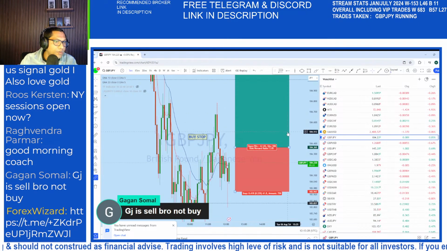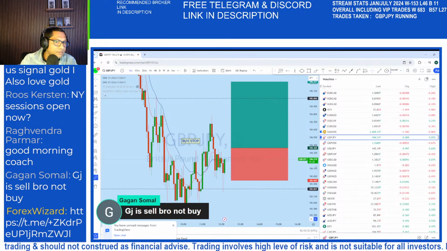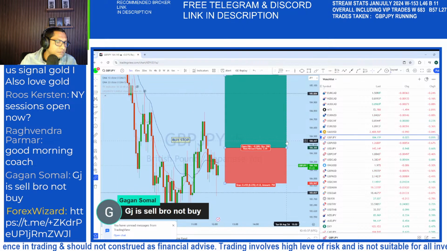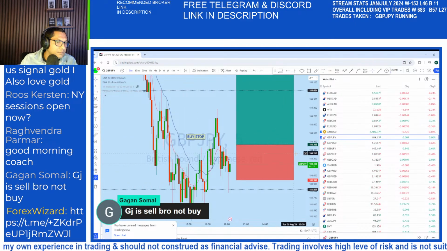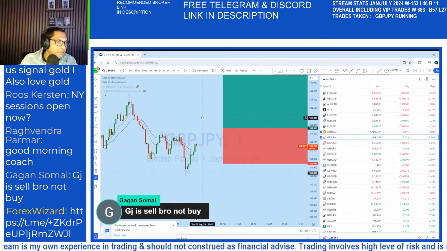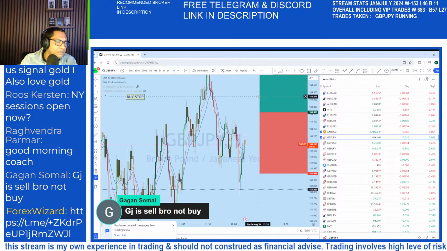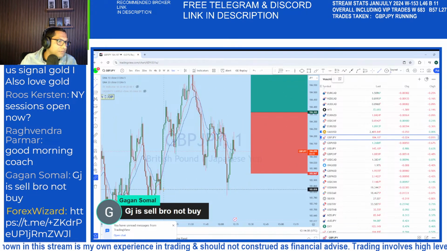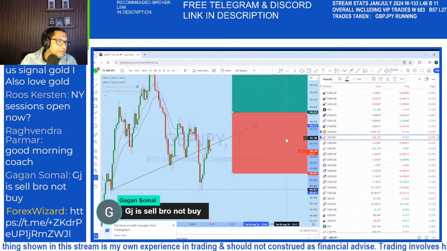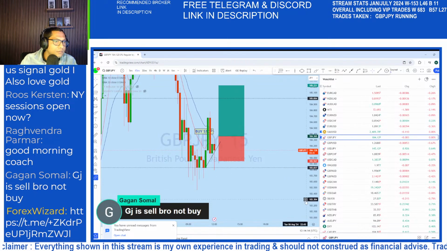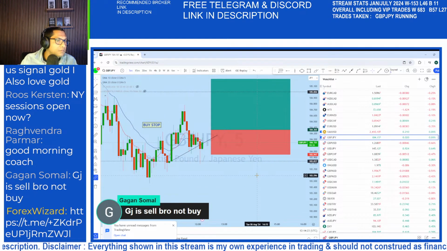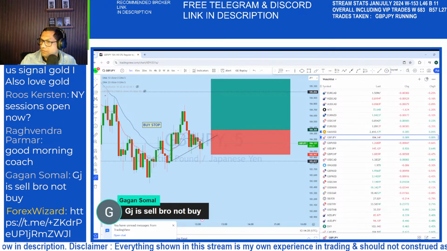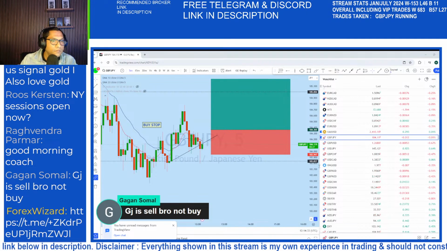So you can see here it is moving up. If you look here on GJ, support level, still there, the pending order.